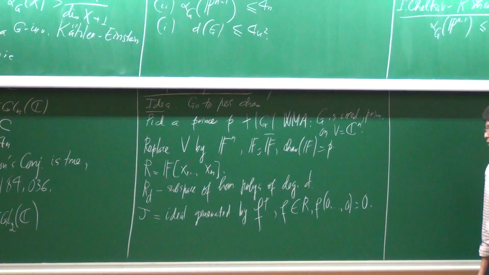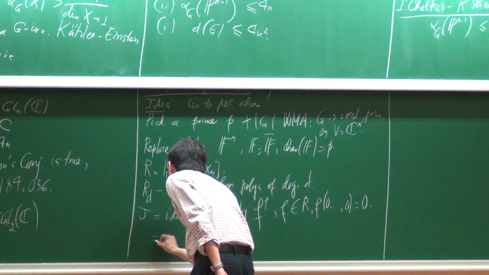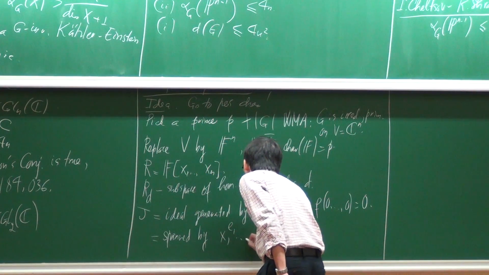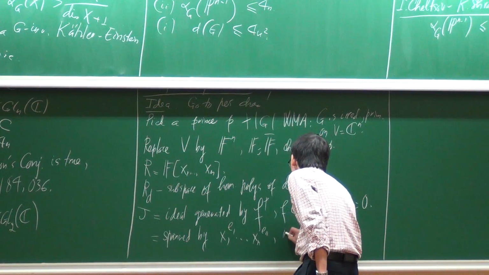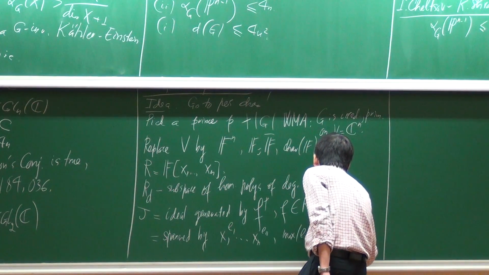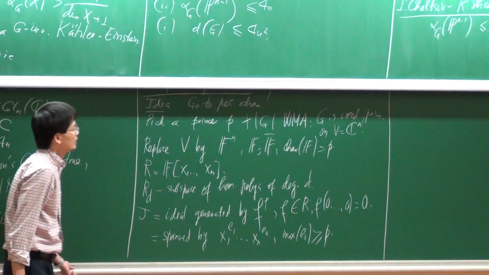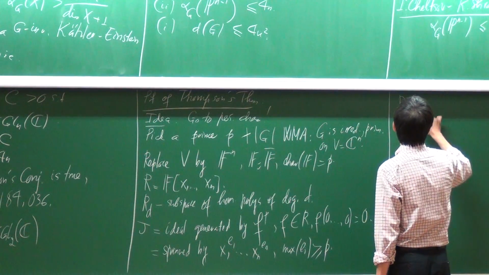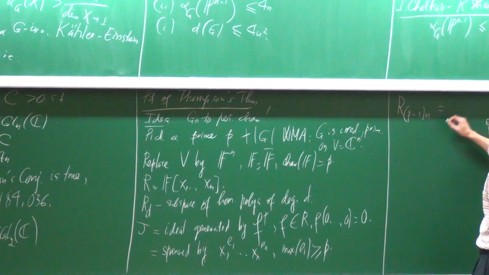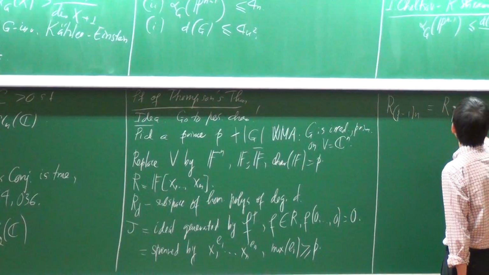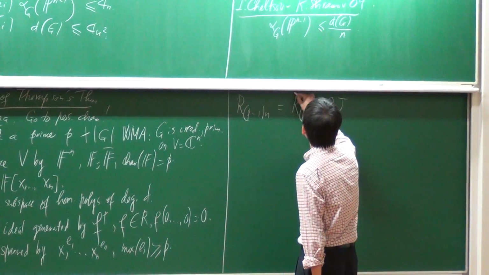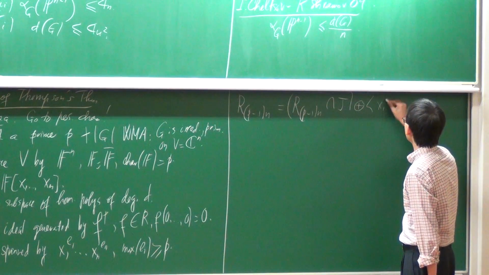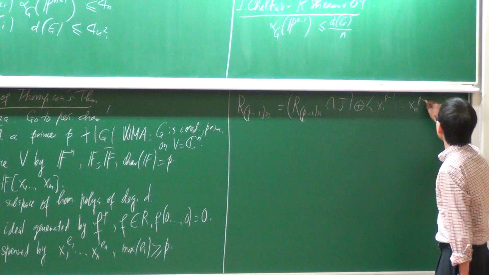Okay. So it's easy to see that J is going to be spanned by all the monomials like x1 to the e1, ..., xn to the en, where the max of the e_i is at least P. So now if I look at R sub (P minus 1) times n, then we can see that this is going to be just the intersection of this with J, and then I have a one-dimensional complement, which is spanned by x1 to the P minus 1, ..., xn to the P minus 1.